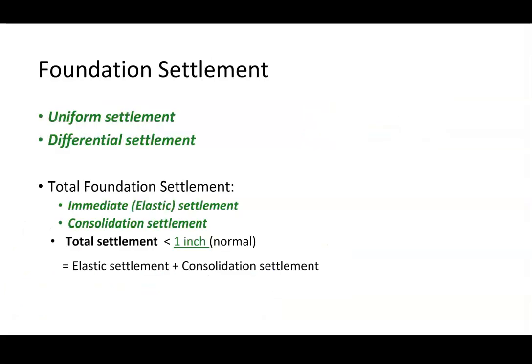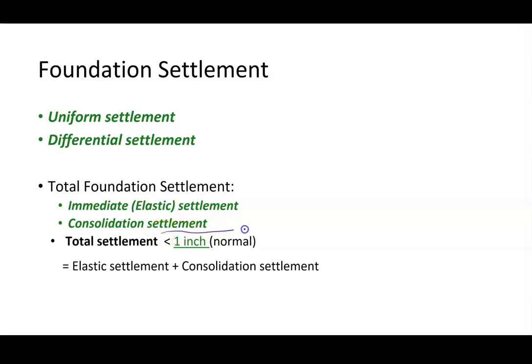We also talked about settlement in foundation. We have uniform settlement or differential settlement. Total settlement includes the settlement right after the structure load is applied, which we call immediate or elastic settlement. And if we have fine-grained soil with clay, we have the removal of water from the soil, and that is consolidation settlement.